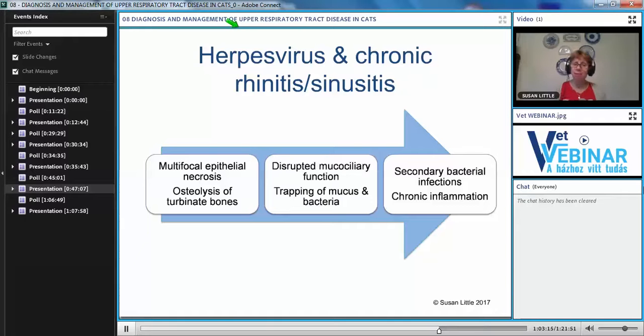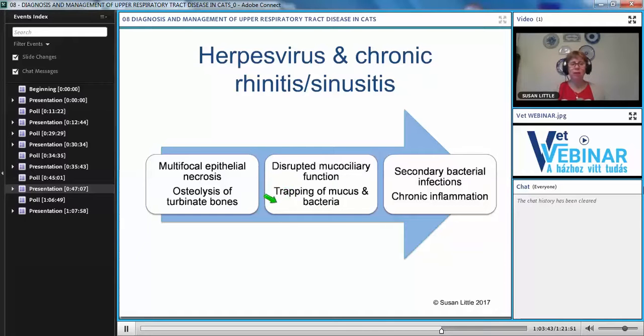And this happens because the virus actually causes epithelial necrosis in the turbinate bones and in the sinuses. Then you can get osteolysis of those turbinate bones. And that leads to a whole cascade of events. So we start with these pathologic effects of the virus, that causes a disruption in the normal mucociliary clearance function.